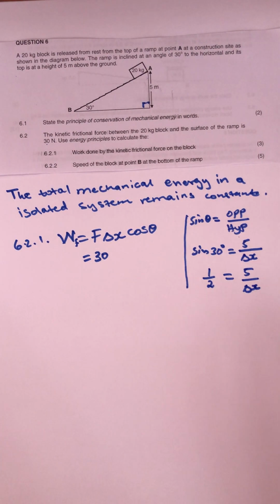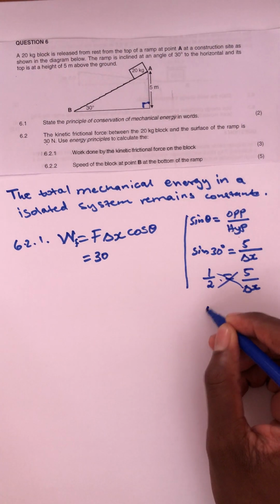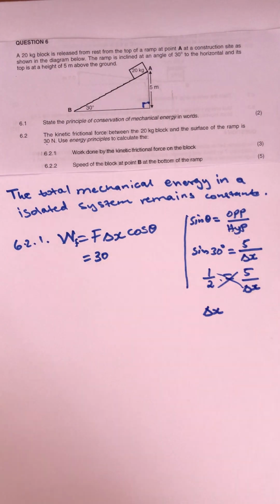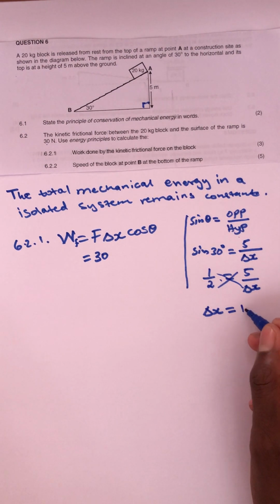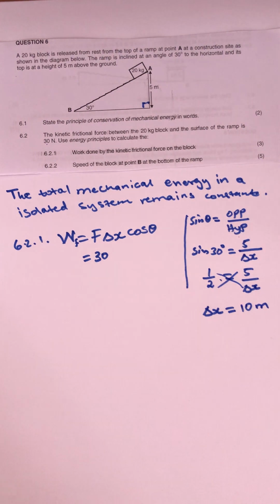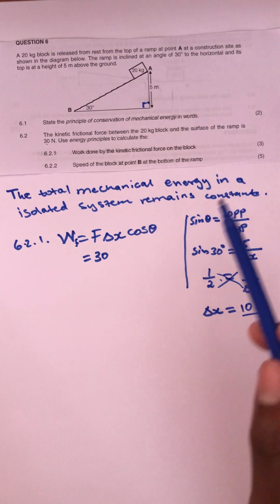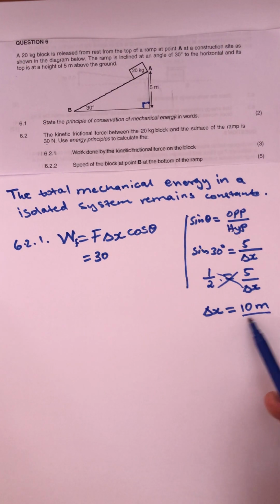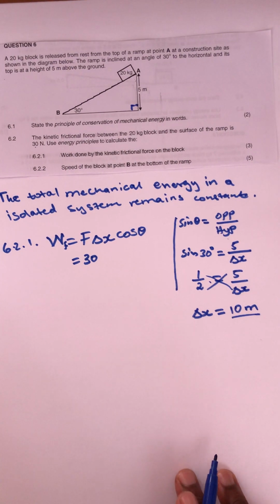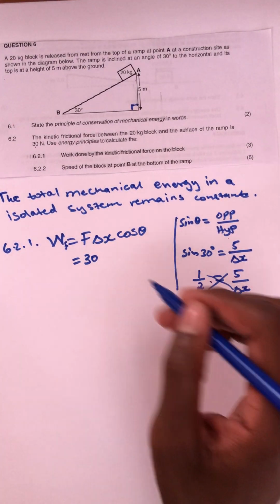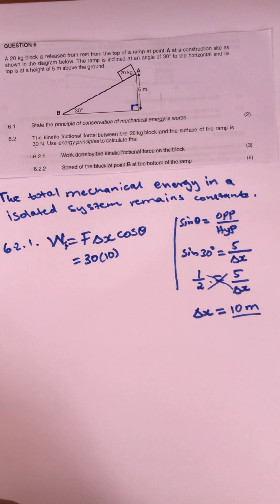Cross multiplying, change in x times 1 is just change in x, equal to 2 times 5, which is 10 meters. So now our change in x, the distance between A and B, is equal to 10 meters. We go to the formula and write 10 for change in x.